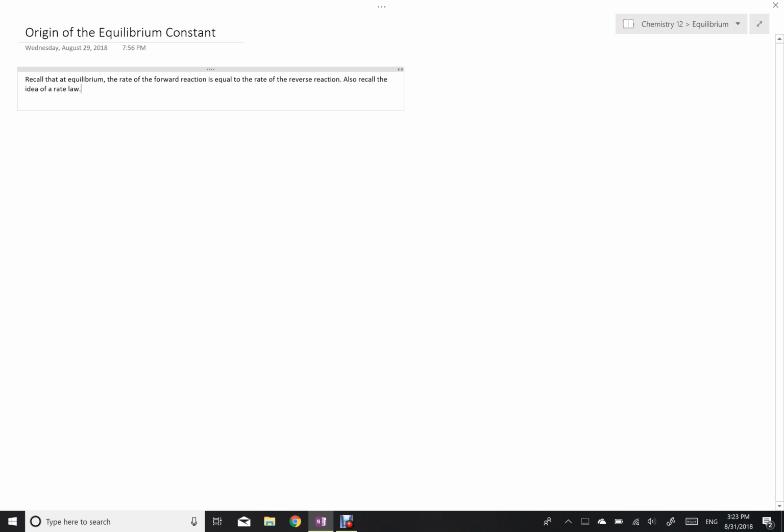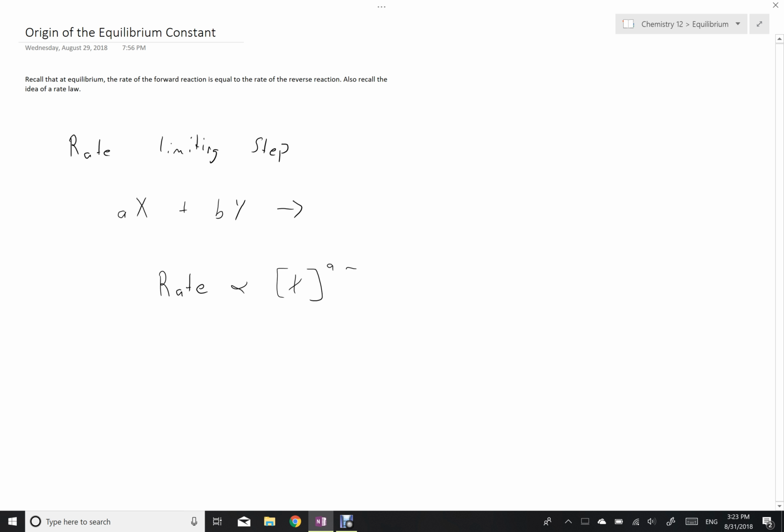It is actually related to the rate of reaction, and if we recall the rate law, if we say that something is the rate limiting step, then we would say that if we had the coefficient of A acting on X and the coefficient of B on Y, and we were going to say that this was the rate limiting step, then we would say that the rate of this reaction was proportional to X to the power A and Y to the power B.